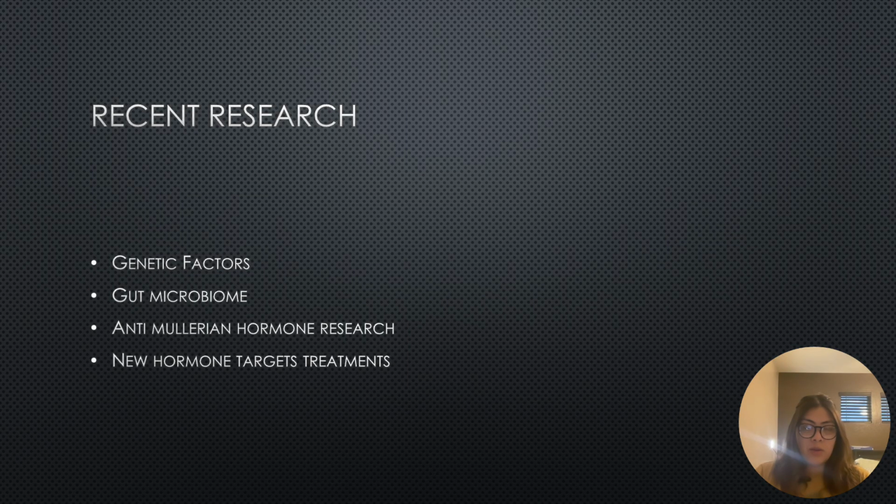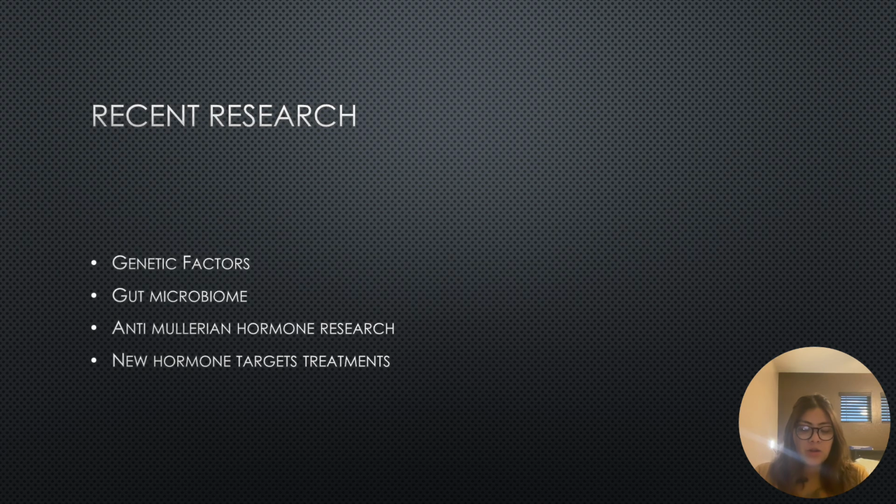So let's look at some recent research. There are some recent studies exploring new causes and treatments for PCOS. Some current research suggests that PCOS may be linked to genetic factors, meaning it often runs in families. Scientists are studying the gut microbiome and how gut bacteria can influence hormones and insulin levels.